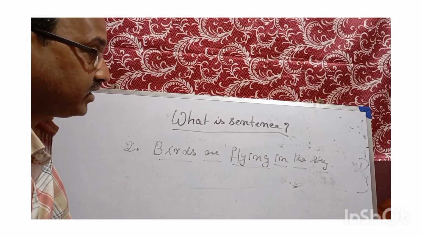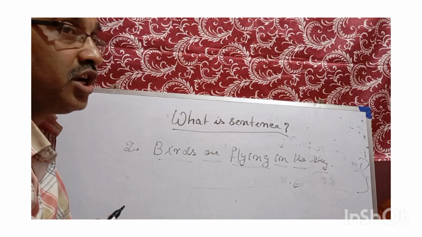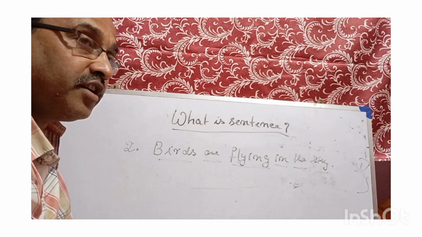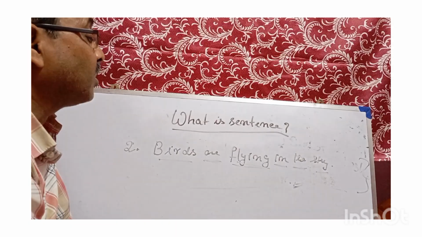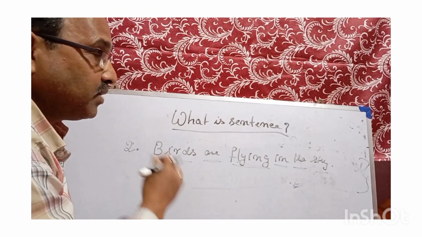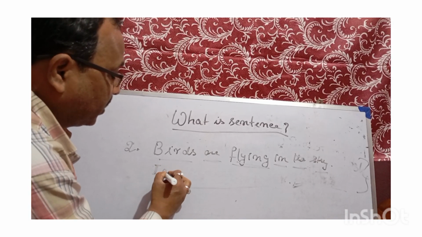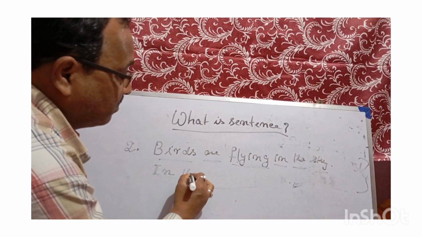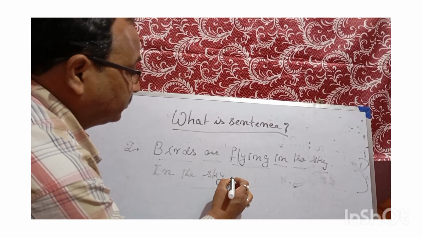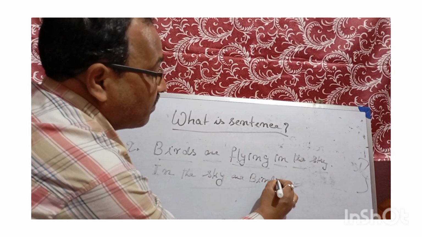But if you write these words in a jumbled way, that means not in the proper way, it will not express a complete meaning, so it will not be treated as a sentence. Suppose I write these words in a jumbled way: in the sky are birds flying.